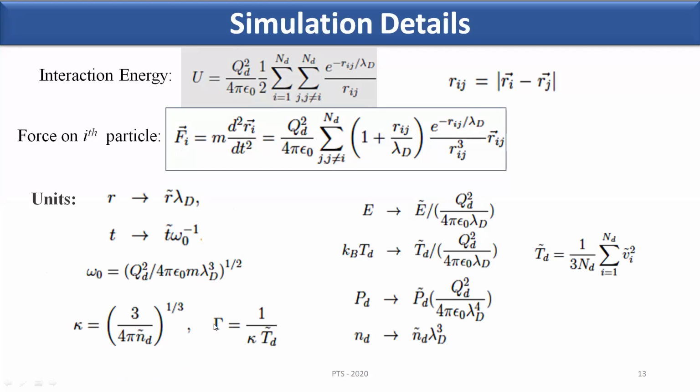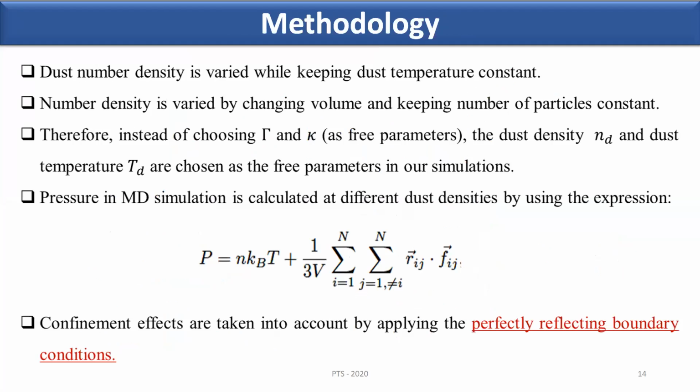In my units, the screening parameter is this, and gamma, the Coulomb coupling parameter, becomes 1 upon kappa times the normalized temperature. So for the equation of state, you can perform this experiment in two ways. First, you can take some gas, keep its temperature constant, and vary its volume.